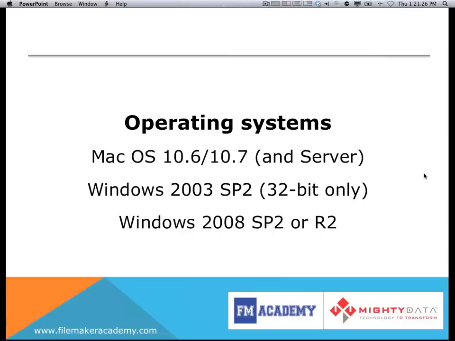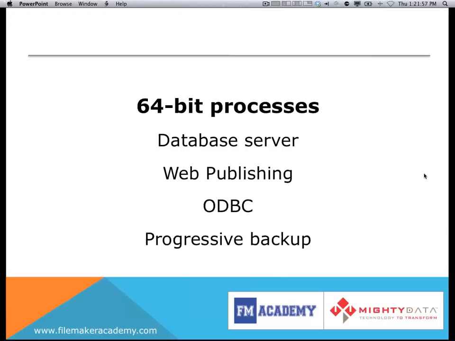There is no 64-bit version available for 2003. On 2008, you can run a 64-bit version. Typically, you're going to wind up with a 32-bit version on 2008 SP2 or 64-bit on R2. So basically, Mac OS 10.6 or 10.7, Windows 2003 or 2008, but be aware which version you're running. And if 64-bit is important, make sure the OS you're using is a 64-bit OS.